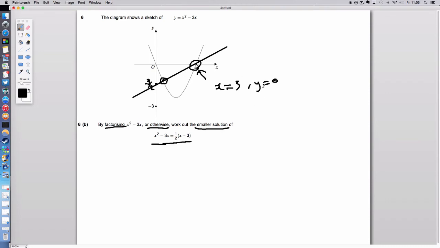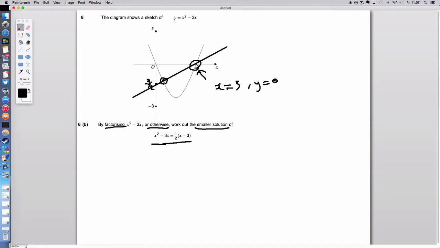When we substitute 3 into here, we get 9 minus 9, 0. On the other side, 3 times 3 minus 3, 0 times a half, so 0 equals 0. That's true. Therefore, the y value where they intersect is 0. So that's correct. But what about this?